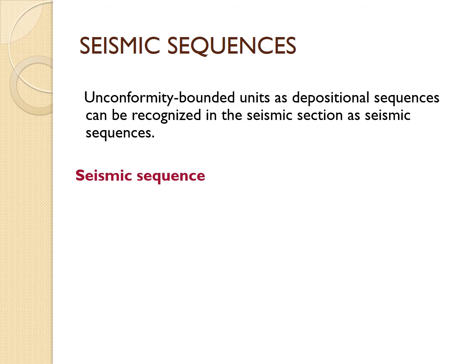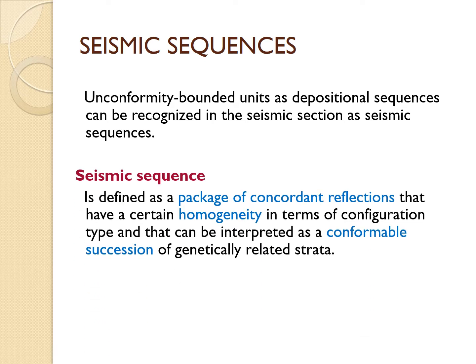Okay, so a seismic sequence, we can define it as a package of concordant reflections that have a certain homogeneity. So they reflect one thing, one package in terms of configuration, that can be interpreted as a conformable succession of genetically related strata.